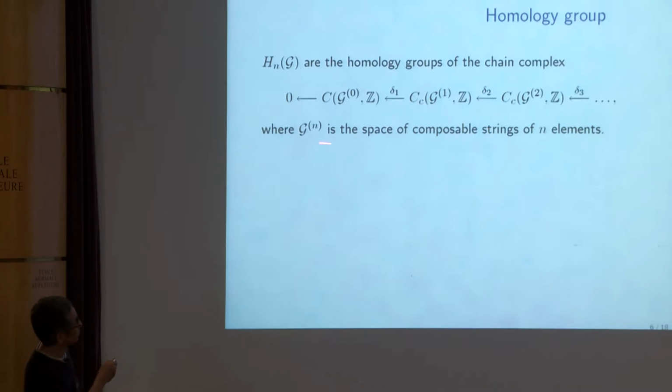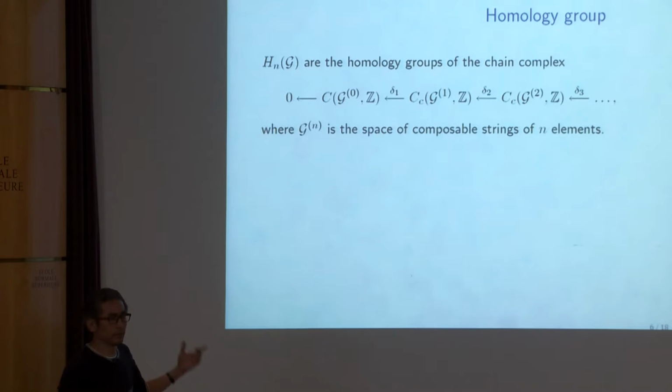This is the chain complex and we take homology groups. And in the case of group actions, this is nothing but the usual group homology with coefficients in the integer valued continuous functions on the unit space. Okay, this is a classical notion of group homology.